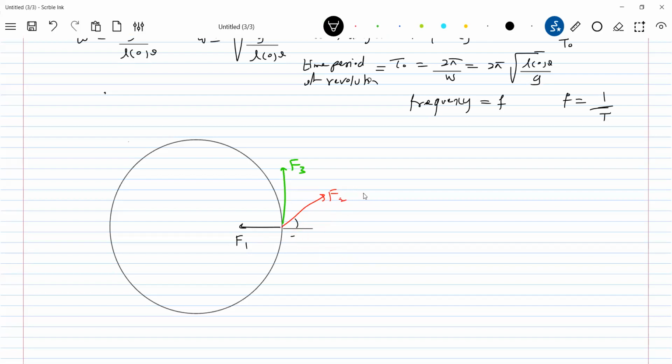Screen got stuck. I don't know what the problem is. Just be there. Some update has come, and because of that it's creating a problem.